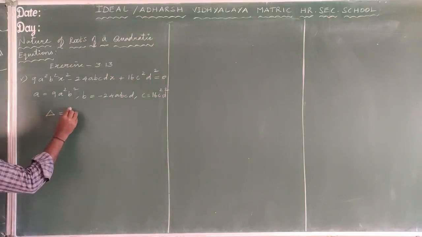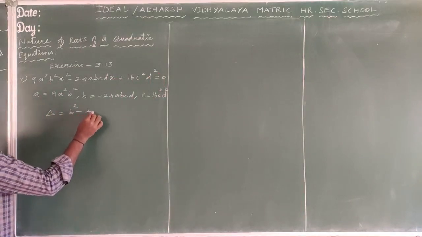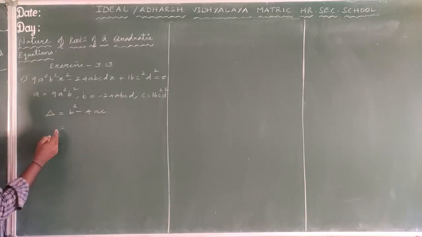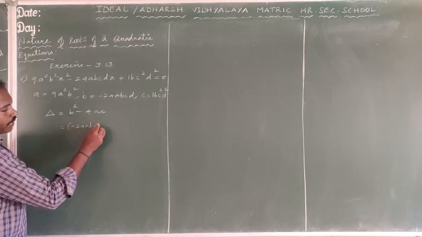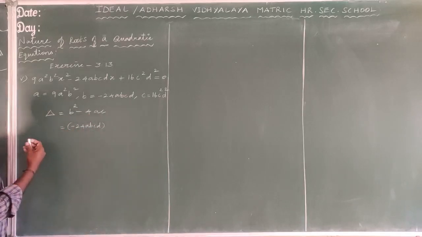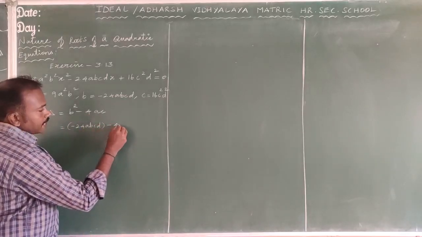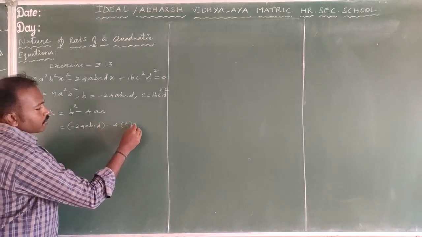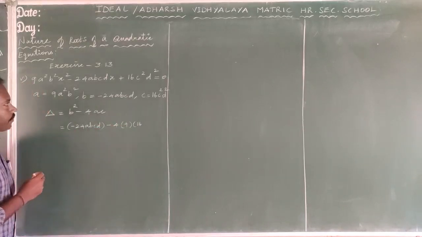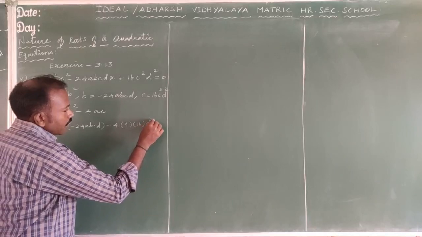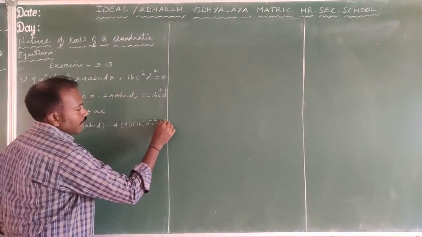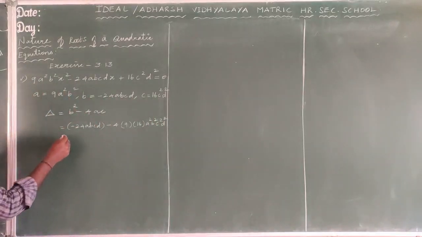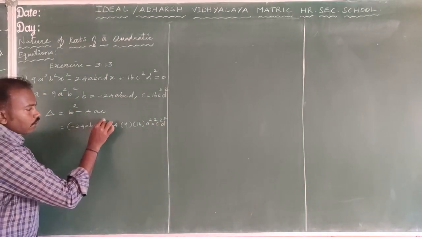Discriminant formula is b square minus 4ac, that is equal to b square minus 4 into 9 into 16 into a square b square c square and d square. Right, here minus b the whole square.